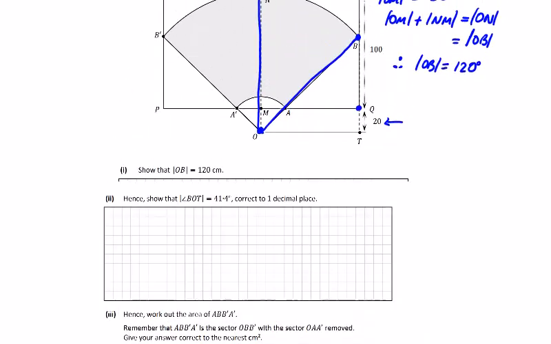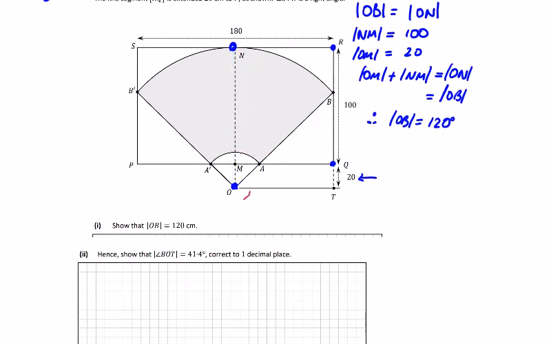Part 2, we're asked to show that the angle BOT, this one in here, is equal to 41.4. So if we draw that triangle and put in the angle A, what do we have? We have the hypotenuse being 120, and this is half of 180, so 90 on the bottom.